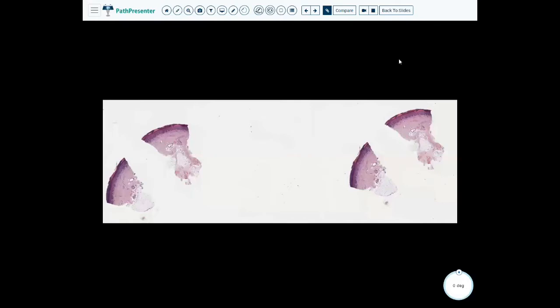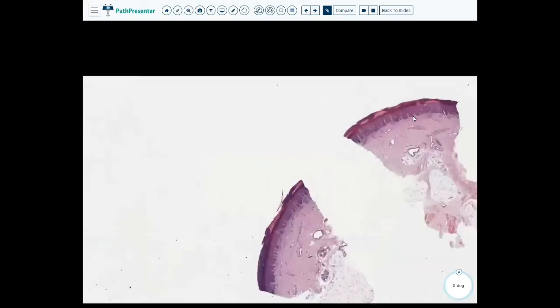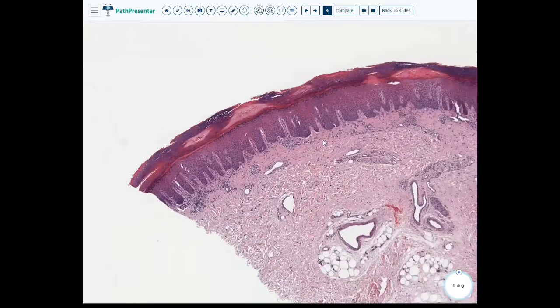Okay, so moving on to the next case, what we see again is it looks like maybe there's some hyperkeratosis. This acanthosis looks fairly regular, even though we have the dermal papillae that you can see kind of poking up. And again, this is two sections of the same piece, so we're just going to look over here at maybe a mid-power.